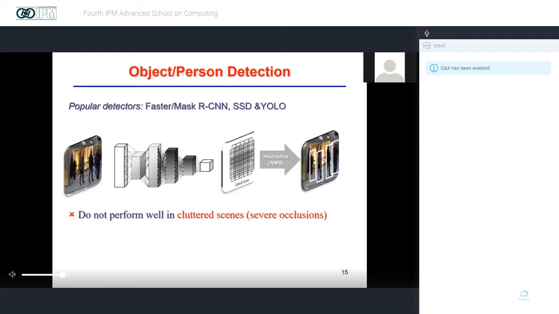Non-maximum suppression simply looks at every box you predicted with the score, goes to the local area, finds the box with the highest confidence, and suppresses any boxes which overlap more than some certain threshold. So in that way, if you have multiple boxes on the same person, you pick the highest and then suppress the rest.